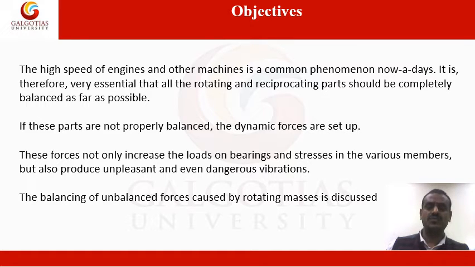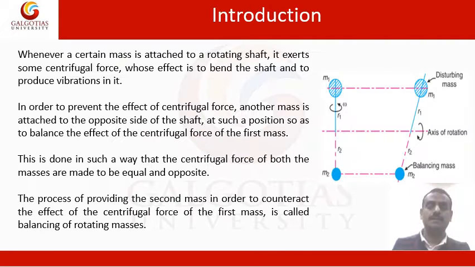The balancing of unbalanced forces caused by the rotating masses is the topic we are going to discuss in detail in this lecture. Whenever a certain mass is attached to a rotating shaft, it exerts some centrifugal force, whose effect is to bend the shaft and produce vibration in it.